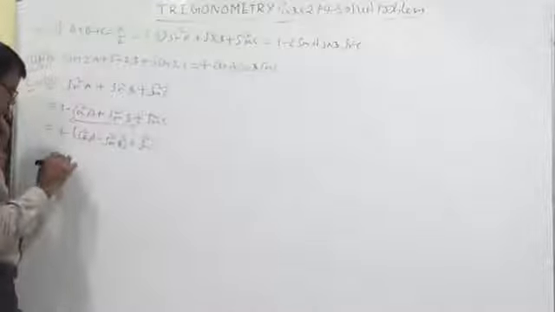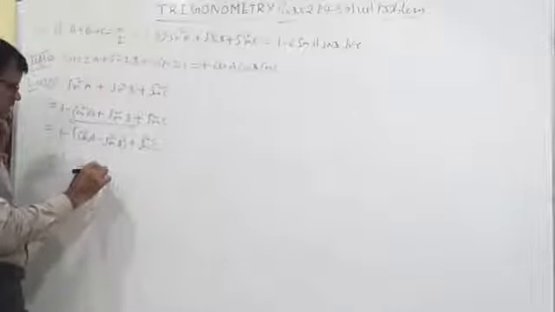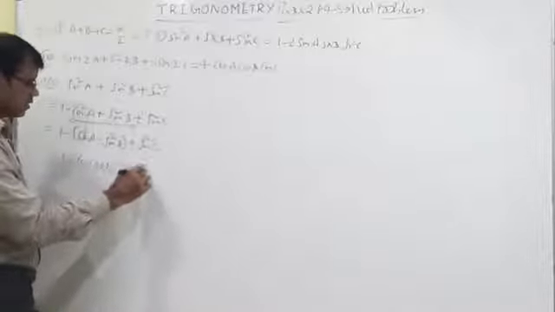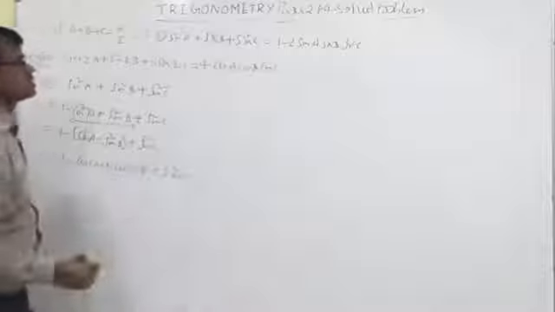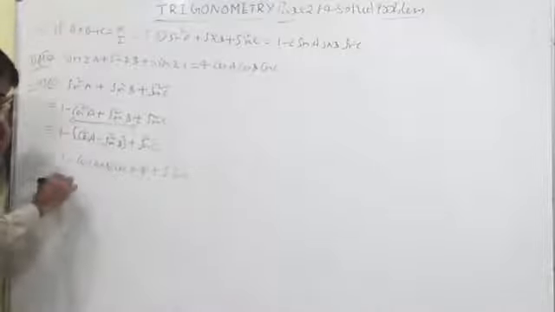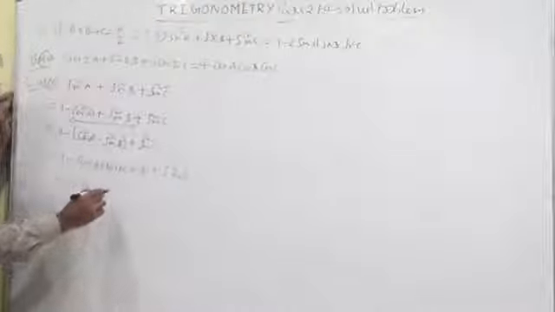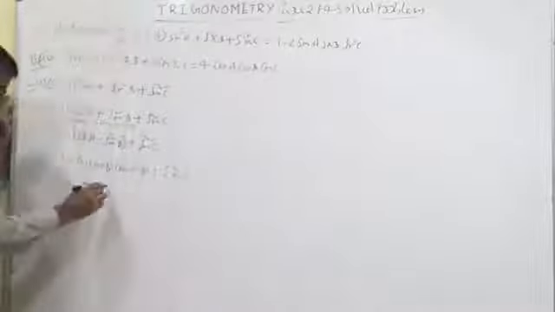That is equal to, we know the formula of cos square A minus sin square B is cos of A plus B into cos of A minus B, plus sin square C. That is equal to 1 minus cos of, now we can write A plus B plus C is equal to pi by 2, meaning 90.